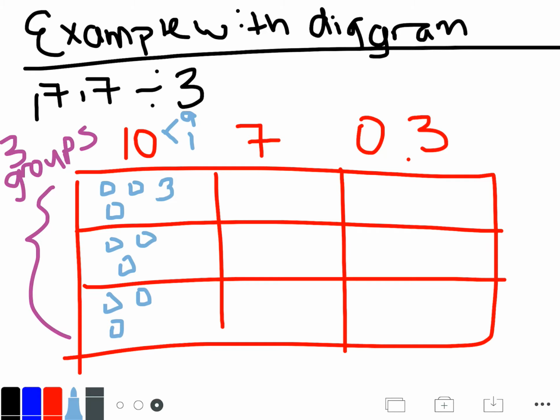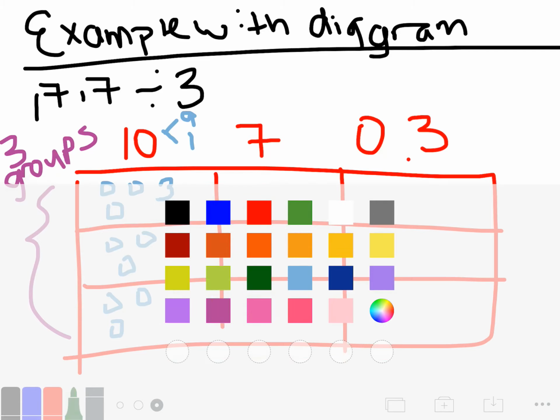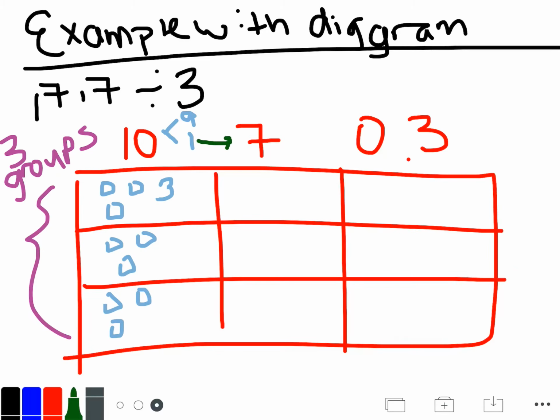I'm going to take that 1 whole and I'm going to add it to the 7, which gives me 8. I can then decompose 8 and make that 6 and 2. And I realize that I can put 6 of these divided equally in 3 groups by putting 2 in each group.